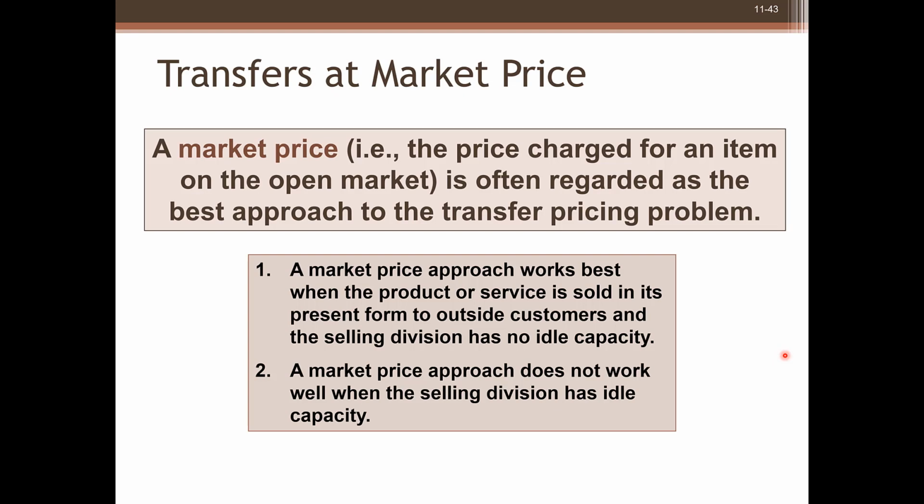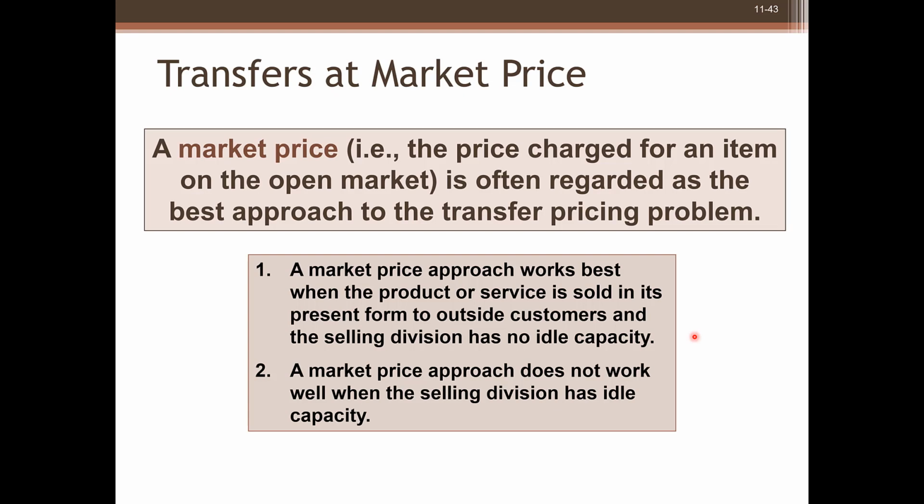Transfers at market price. A market price, that is, the price charged for an item on the open market, is often regarded as the best approach to the transfer pricing problem. A market price approach works best when there is an outside market of customers that routinely purchase the transferred products or service, and the selling division has no idle capacity.